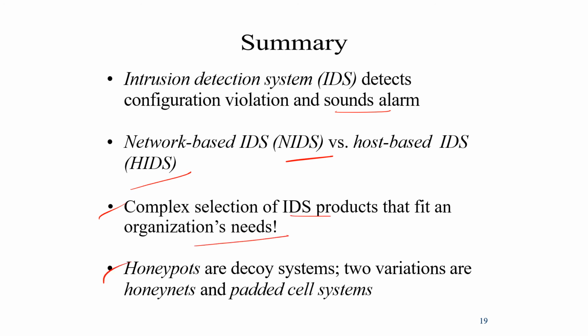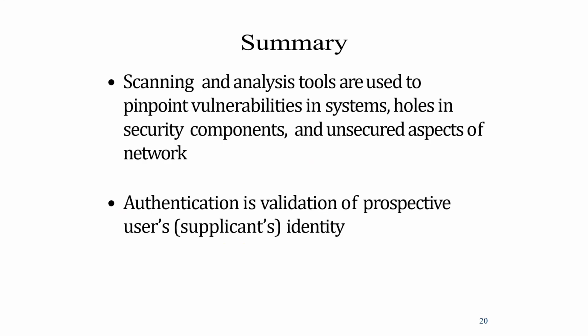We have seen honeypots, decoy systems, with variants: honeypots, honeynets and padded cell systems. Scanning and analysis tools are used to pinpoint vulnerabilities in the system, holes in the security components and unsecured aspects of networks. Authentication is the validation of a prospective user's, the supplicant's, identity.